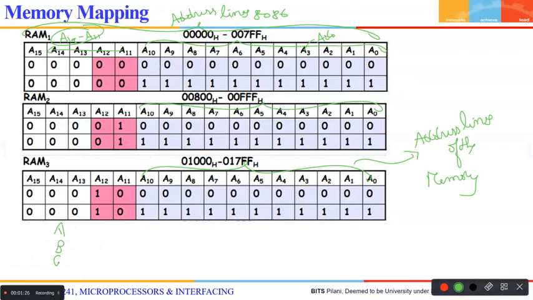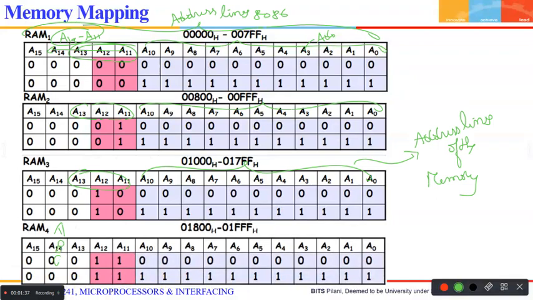You see here, your A11, A12, A13 is 000 for RAM 1, 001 for RAM 2, 010 for RAM 3, and 011 for RAM 4. It is unique, and you have only 4 RAMs over there.